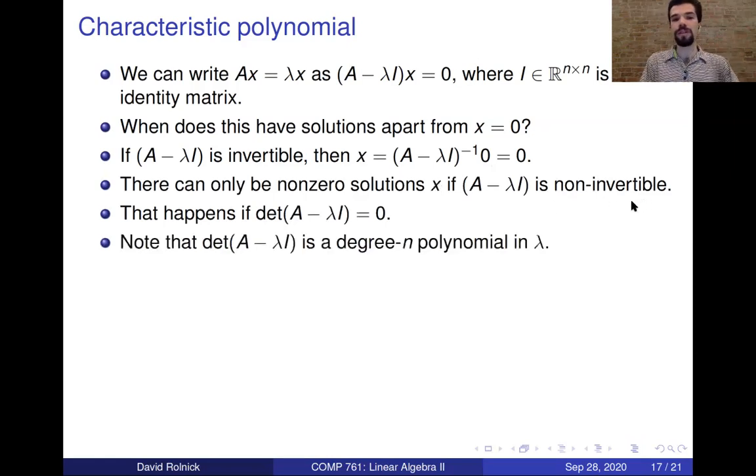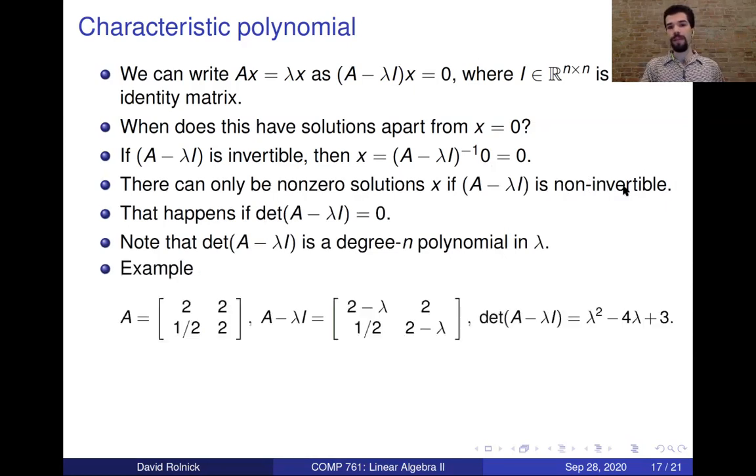Notice that the determinant is a degree n polynomial, because we had all these products of n different entries in the matrix. For example, if the matrix A is equal to this, then A minus lambda I is equal to this matrix, and the determinant is actually this quadratic polynomial in lambda.